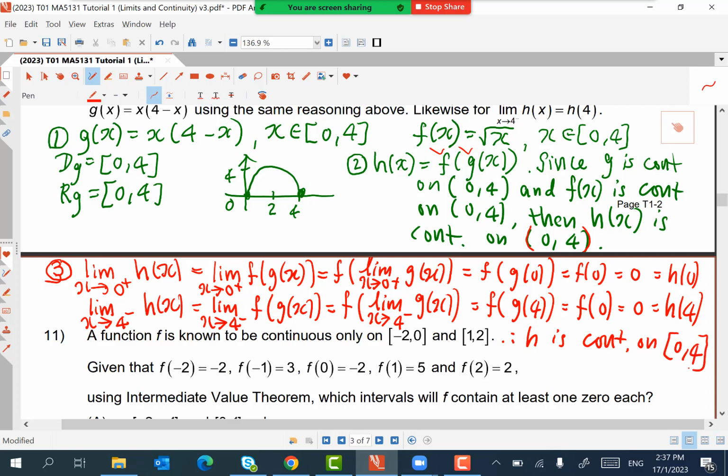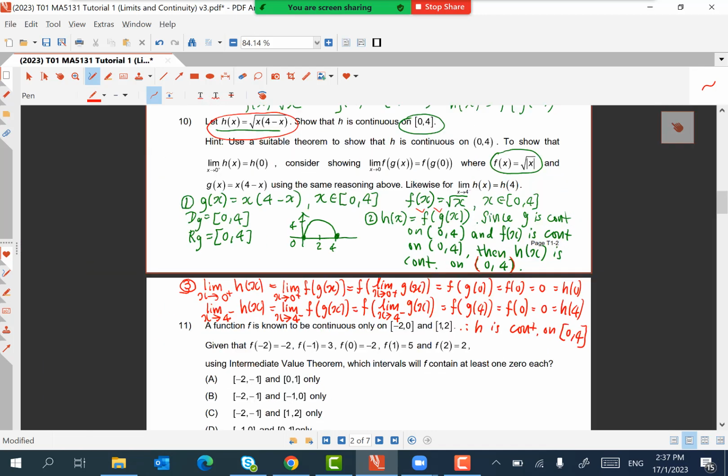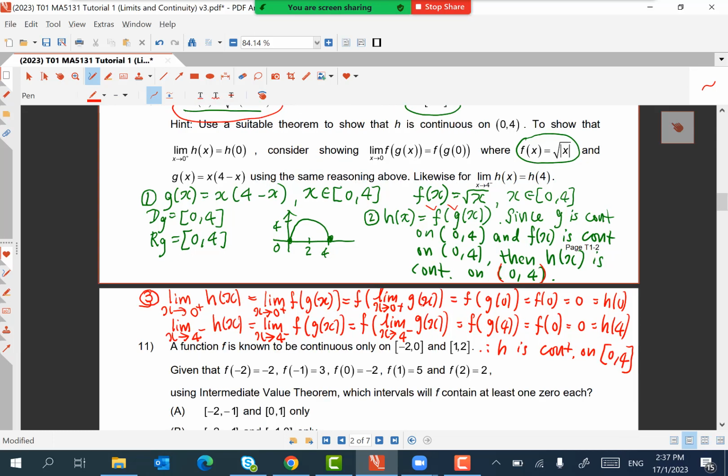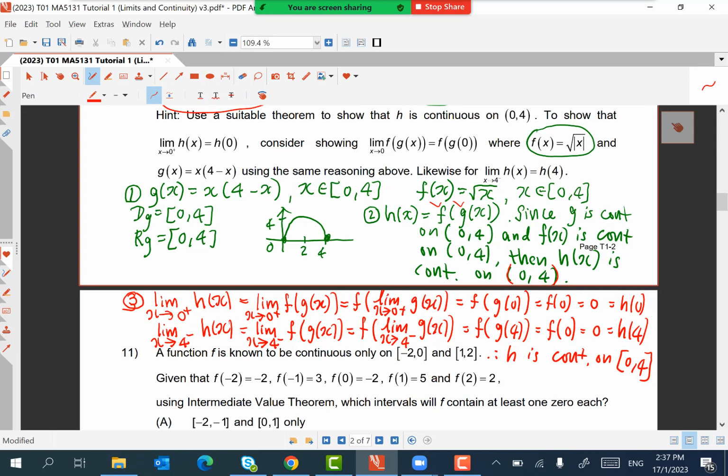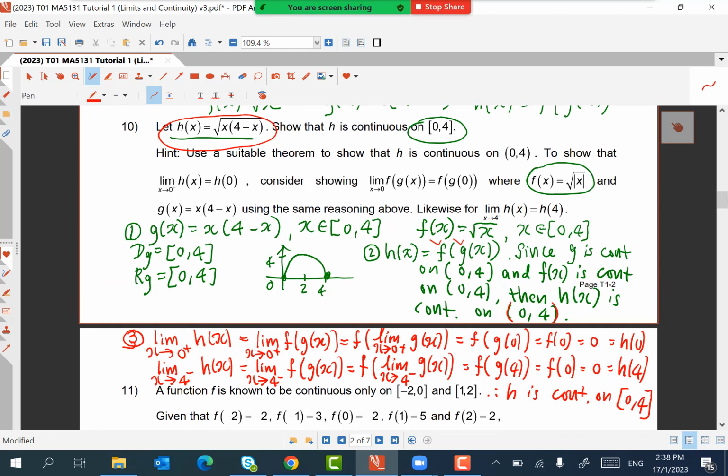So the whole exercise for this question is to make you go through continuity on a closed interval. So for this question, you're trying to prove continuity of h(x) over the open interval first, then after that, checking the endpoints.